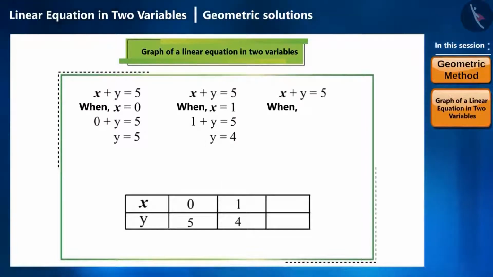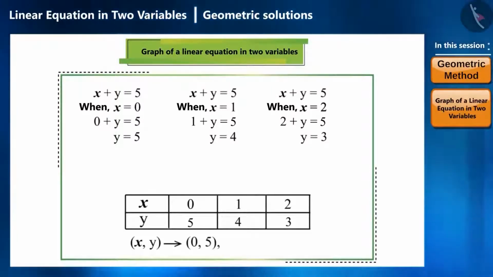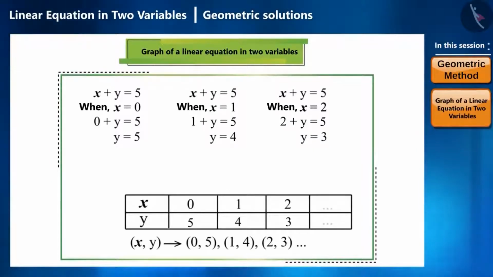By replacing x with 2, we will get y is equal to 3. And we will write them in brackets as coordinate points like this: (0, 5), (1, 4), (2, 3). Friends, we can identify countless coordinate points like this, not just 3. But on graph paper, 2 points are enough to represent a line on the xy axis.